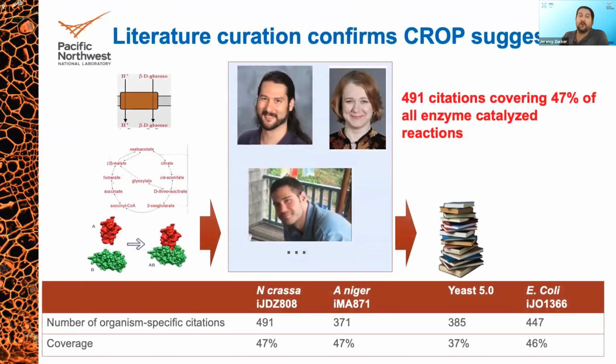These suggestions were reviewed manually and accepted into the final model if they were consistent with published experimental data. Using this approach, we were able to recover 47% of all enzyme-catalyzed reactions with 491 organism-specific citations, which is comparable to other highly curated models.